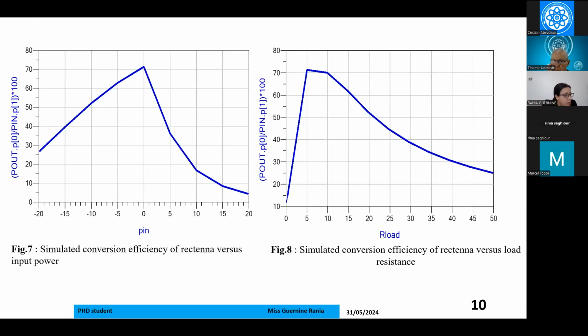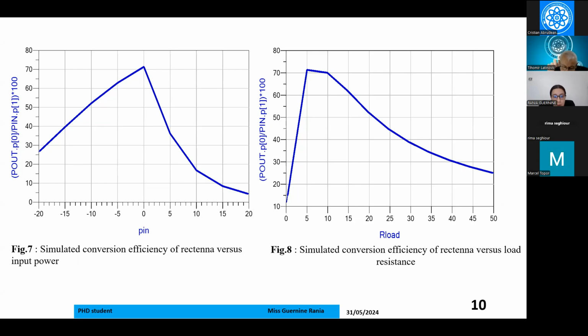In this slide, the figure represents the efficiency of the proposed circuit versus the input power and the load resistance. As shown in Figure 7, the efficiency increases in the range from -20 to 0 dBm, then decreases until 20 dBm.